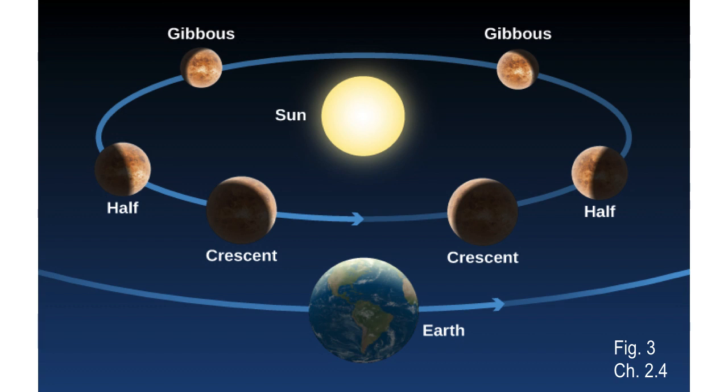But what they could have done, and were not able to do, is see the crescent phase of Venus. If Venus is really interior to Earth's orbit, and Mercury too, and if the Sun is at the center, some of the ancient Greeks thought that the Sun was at the center. Copernicus didn't come up with that idea.